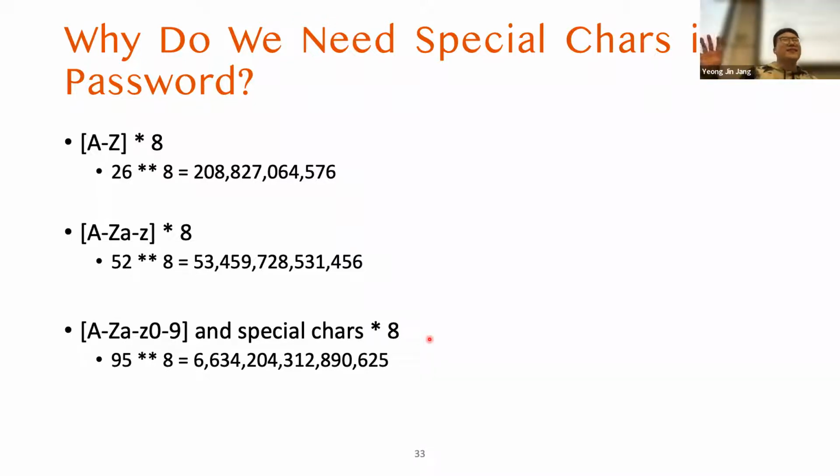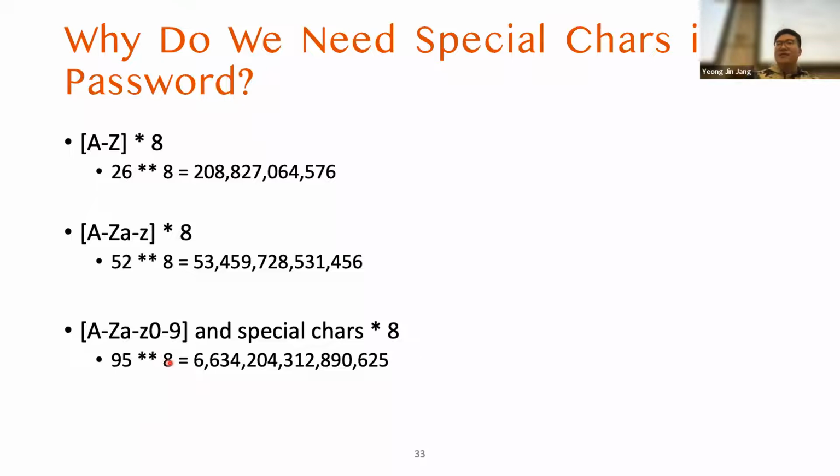Some other websites require longer passwords, like 20 characters or 15 characters. The reason is that the exponential factor is applied on the length of the password, which makes the attackers need to try harder.